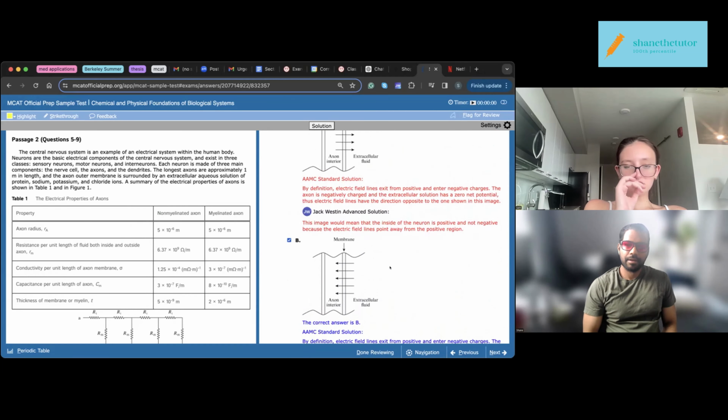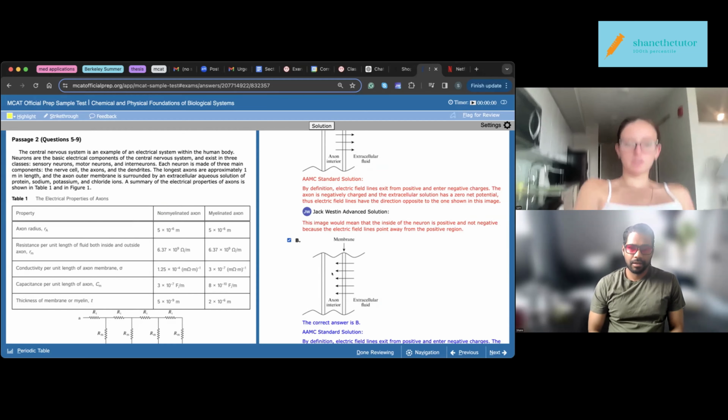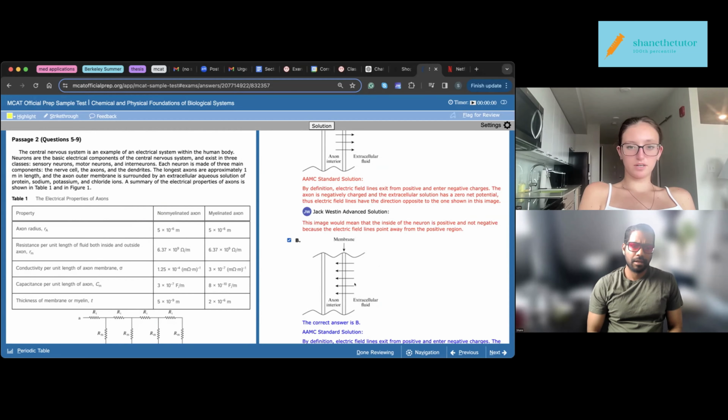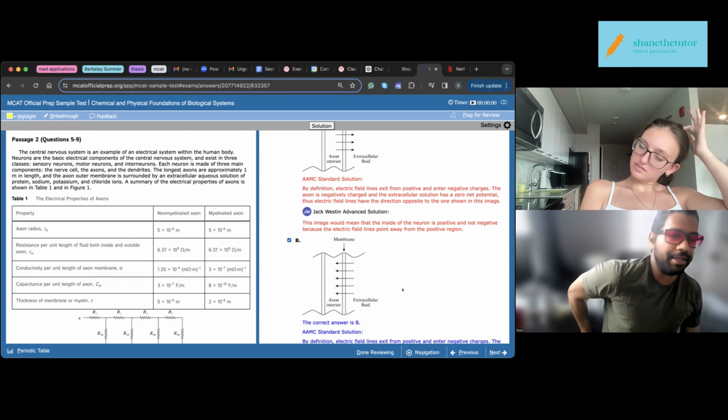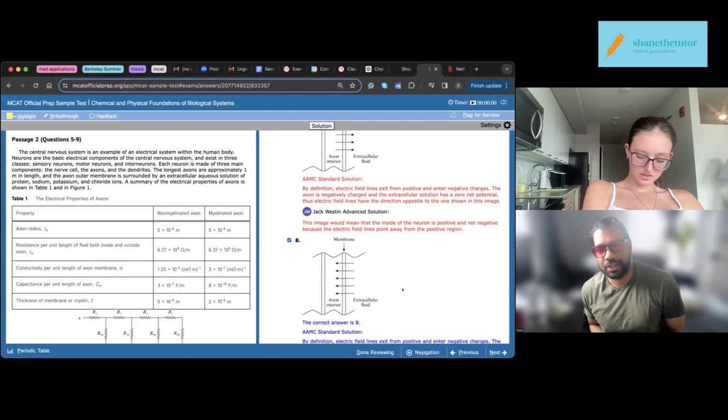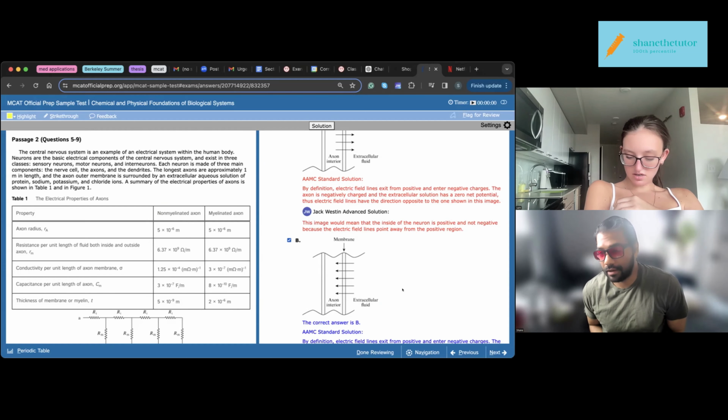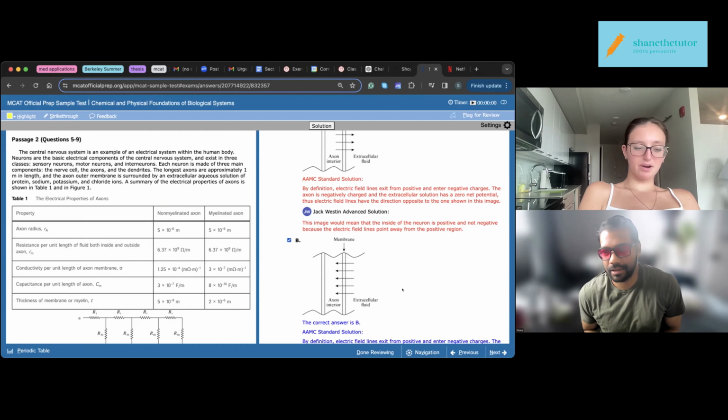I feel like this is just the way crossing the membrane usually goes, where there's a certain concentration gradient and it's harder for it to pass from extracellular into the cell. So these would be electric field lines, right? Yeah. It's not really depicting a bio question.